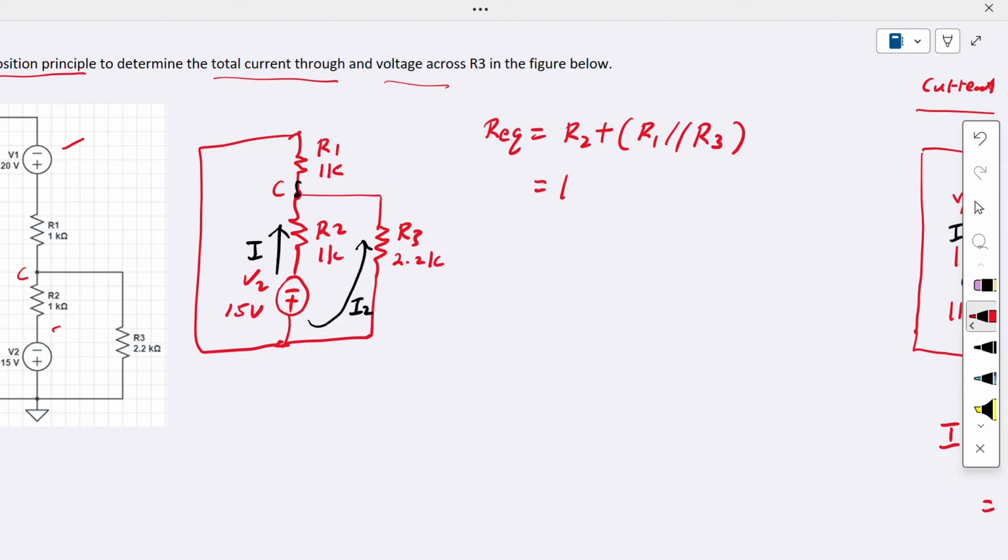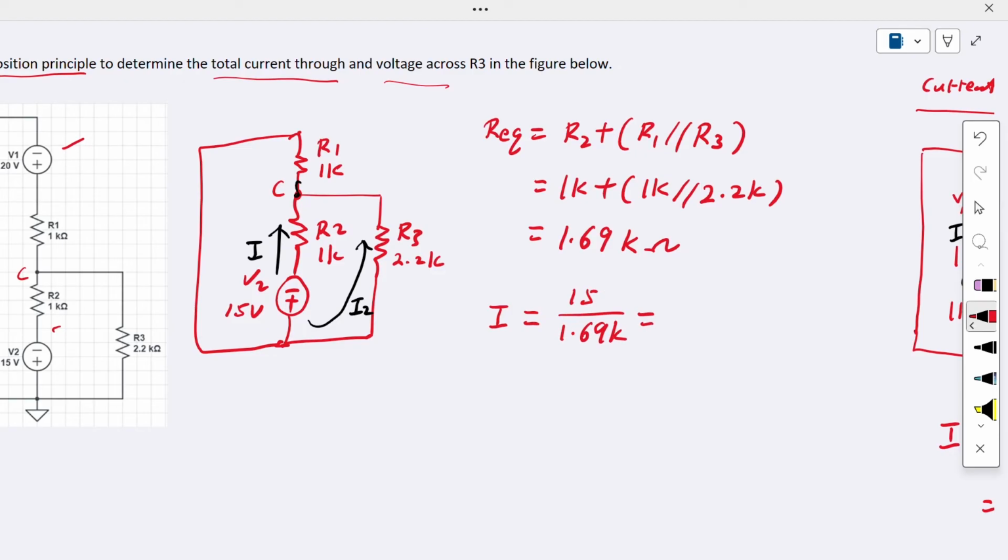R2 is equal to 1K, R1 is equal to 1K, in parallel with R3, 2.2K. From this you get the R_EQ value, which is 1.69 kilo ohm. From this, you can find capital I, which is 15 volt divided by 1.69K. You get the current 8.88 milliampere.